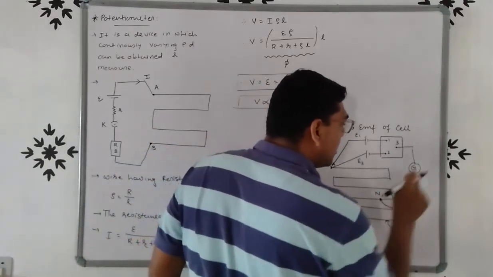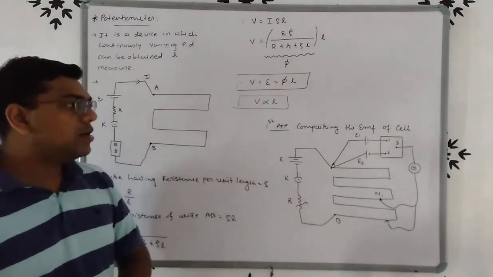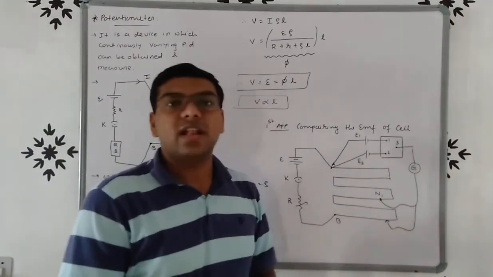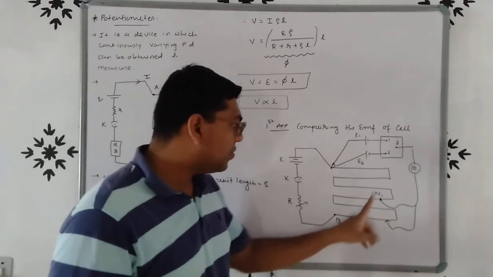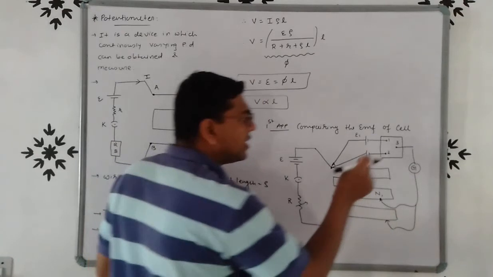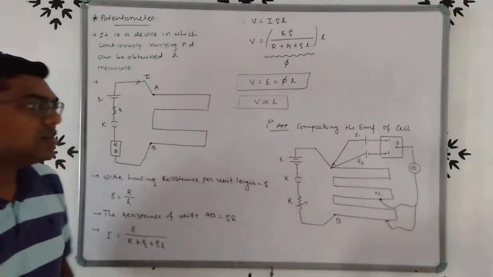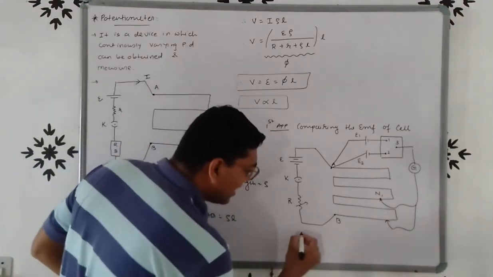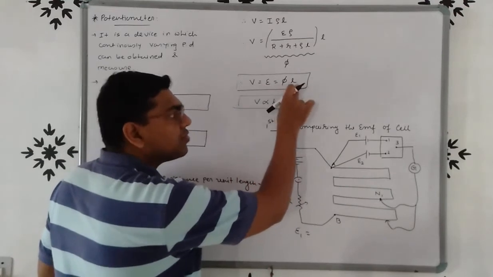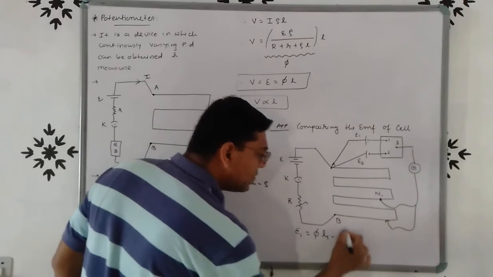At this point we can see there is no deflection of the needle of the galvanometer. So we get one null point N1. I repeat once again. We connect 1 and 3 and get null point N1. At this point we can write that EMF E1 is equal to phi L1, that is equation 1.